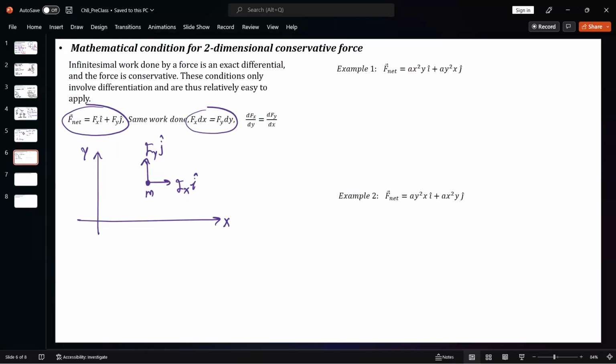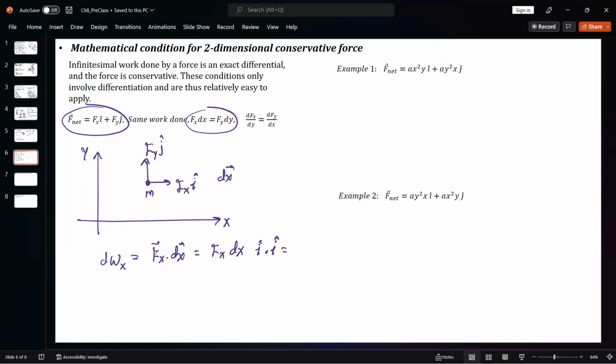So if I consider a very, very tiny distance along x, dx, then I can calculate the small work done along the x-axis direction. That's going to be basically fx dot dx. Since both are in the same direction, this is going to be fx dx, right? i dot i is 1.